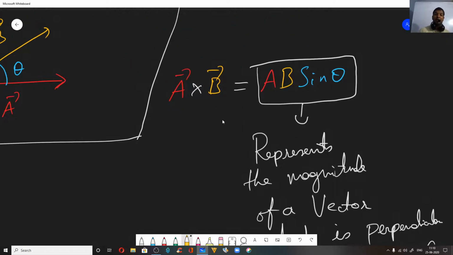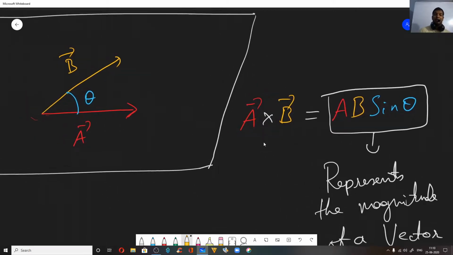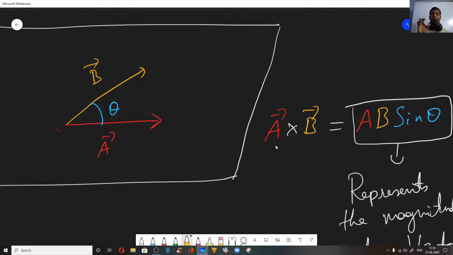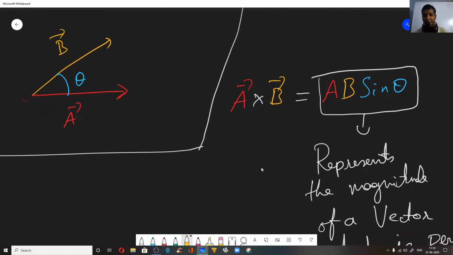As I told you, the result when you perform cross product on two vectors is a vector, and that vector's magnitude is given by A B sine theta. That is the length of the vector. What is the direction of that vector?